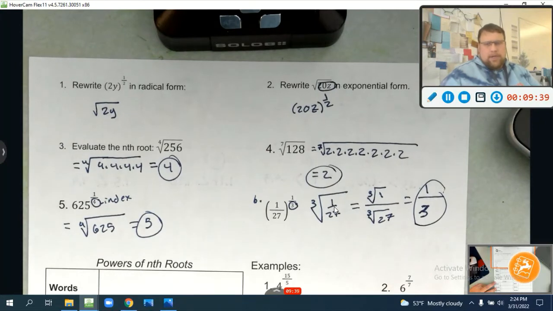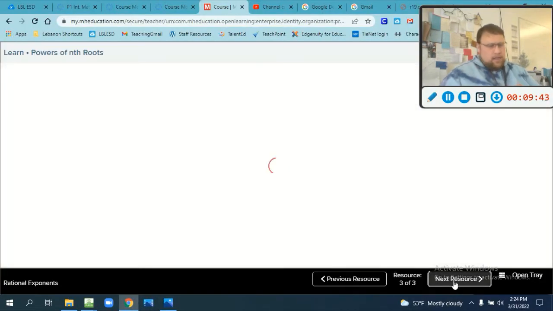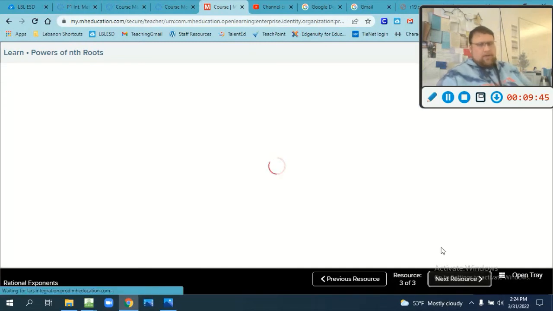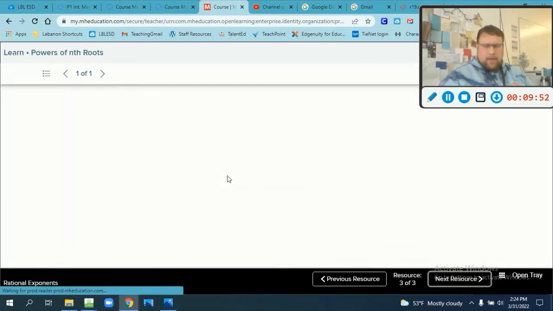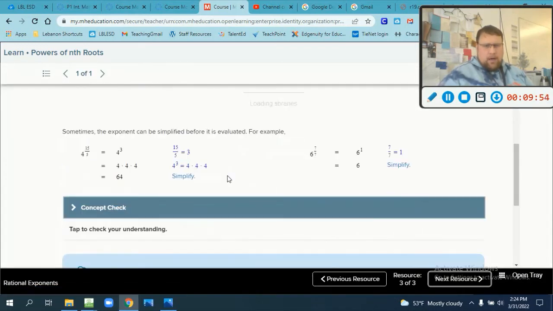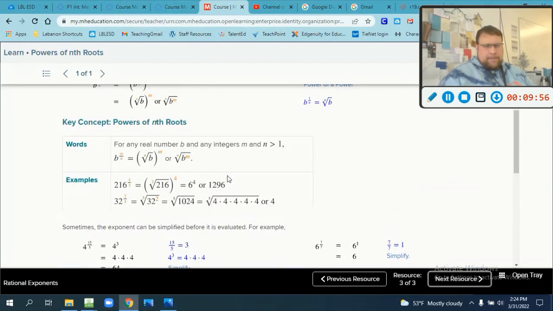And last but not least, we have our powers of nth roots, which I don't think needs symbols either, although there's an argument to be made for it. Yeah, I would honestly just put this whole thing in symbols.